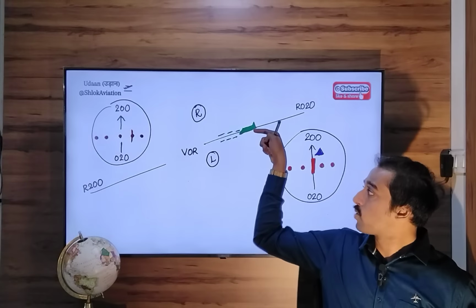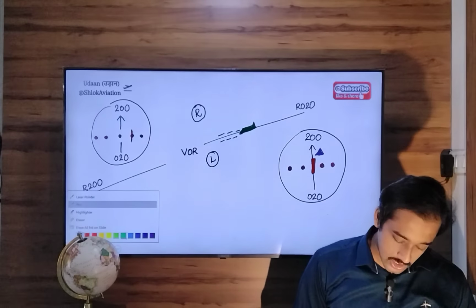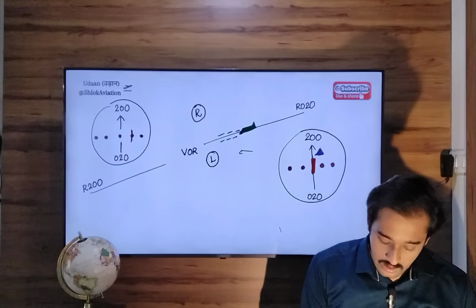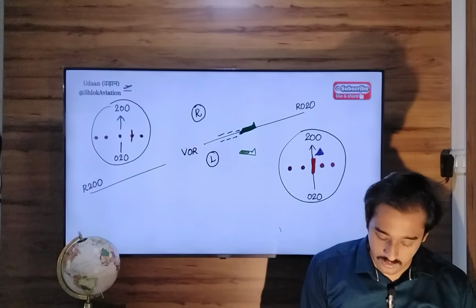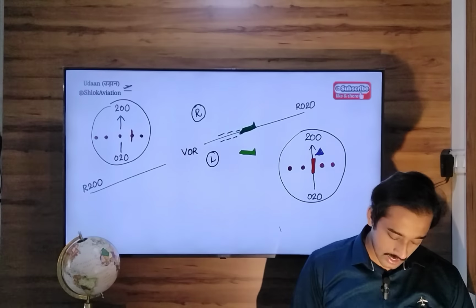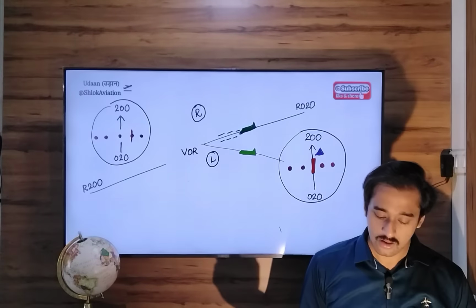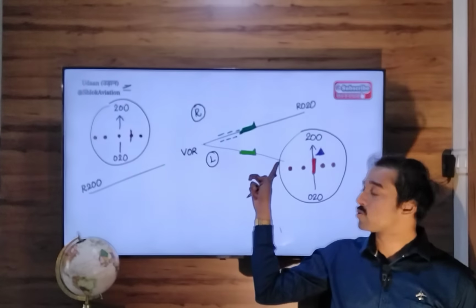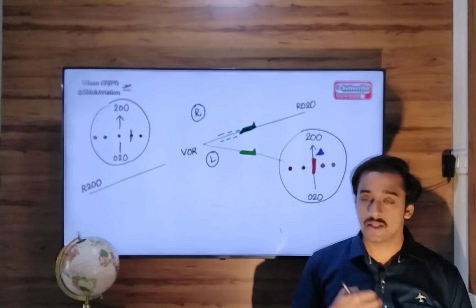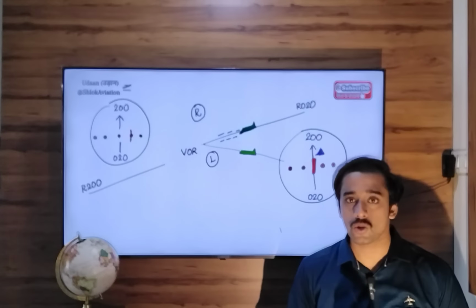So left hand side going inbound is somewhere here. So that means your aircraft is actually on this side of the VOR. And on this side of the VOR, it will be on a radial which is more than radial 020.